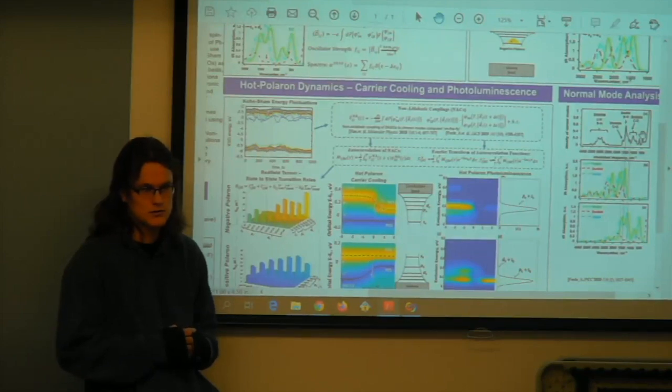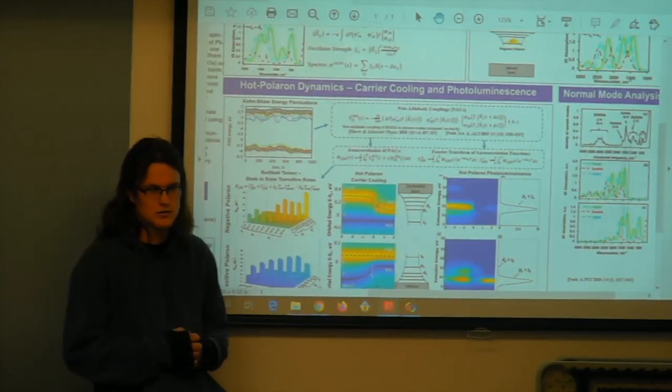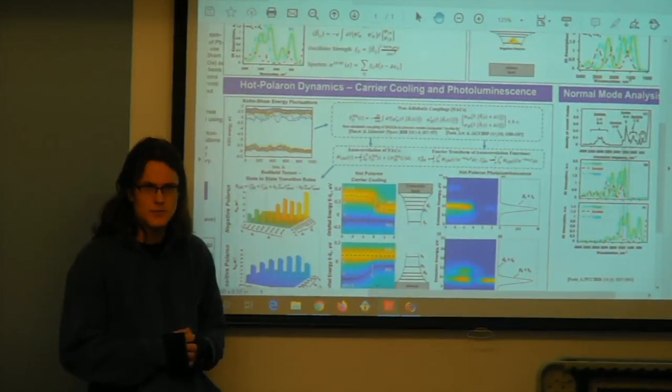Because the polaron is a change in the configuration of the system due to coupling of dipoles to the charge. Well, it's charged ammonium itself, NH3 methyl.